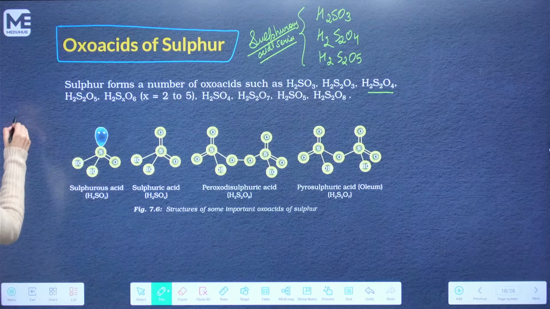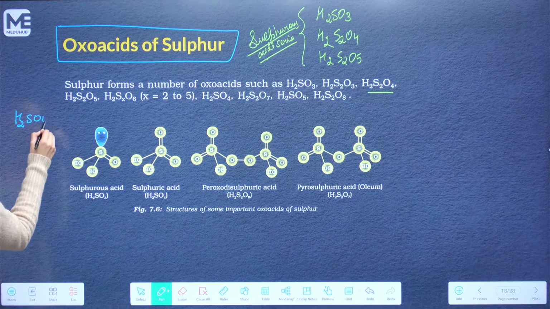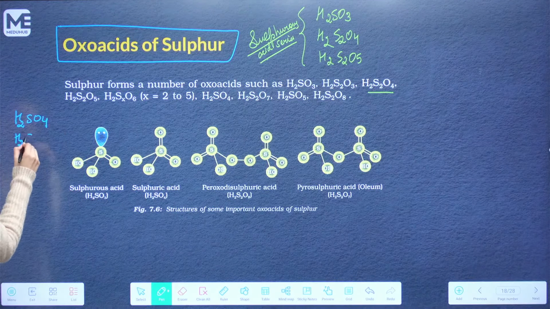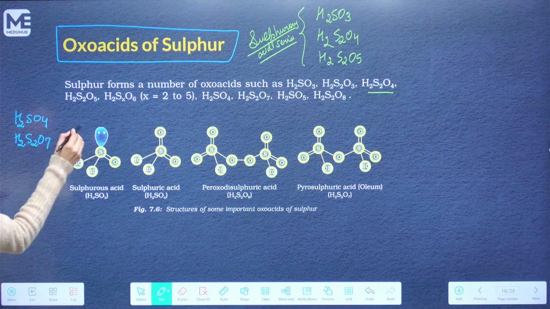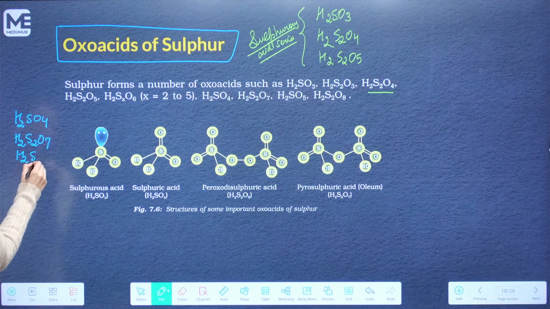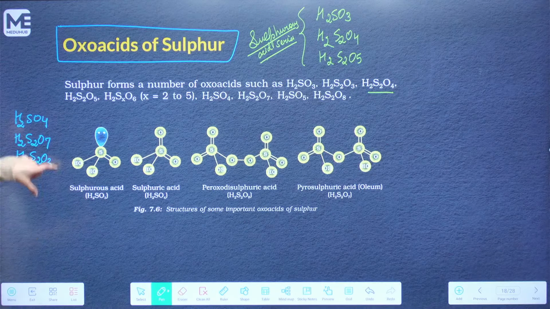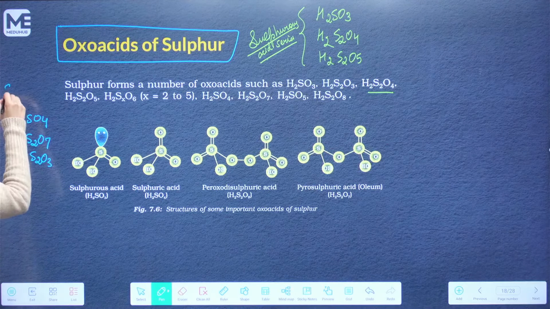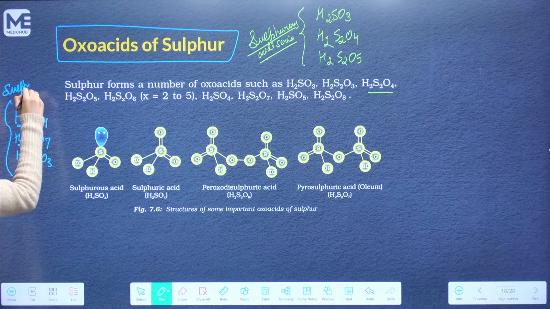Then we have H2SO4, H2S2O7 and H2S2O3. These three are the sulfuric acid series.